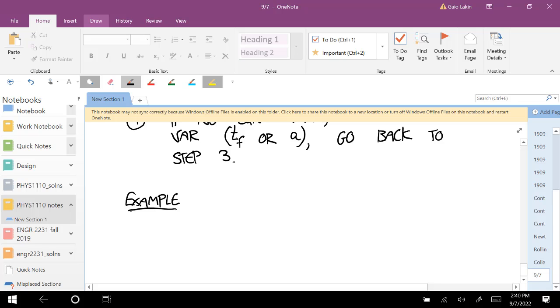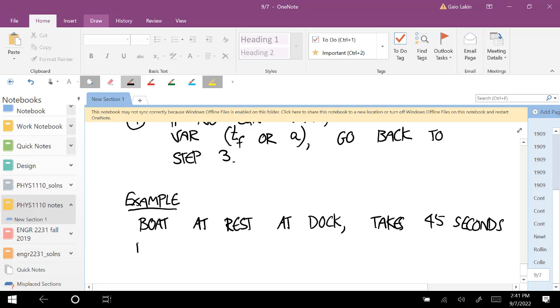Okay, the first one, let's say that a boat is at rest at the dock. And let's say from rest, it takes 45 seconds to get up to a speed of 20 meters per second.